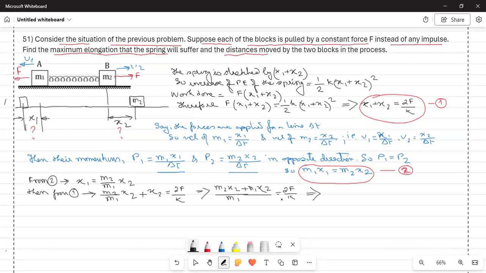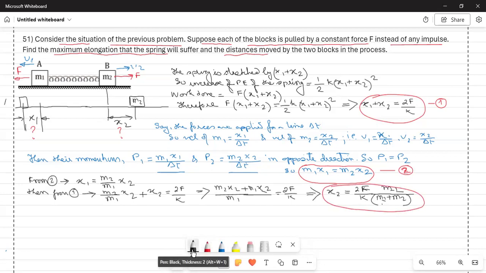From there we get the value of x2. So x2 is equal to 2F by k multiplied by m1 divided by (m1 plus m2). So this is the value of x2.